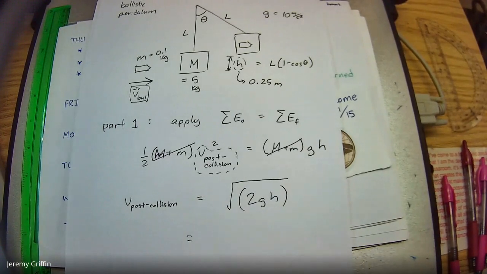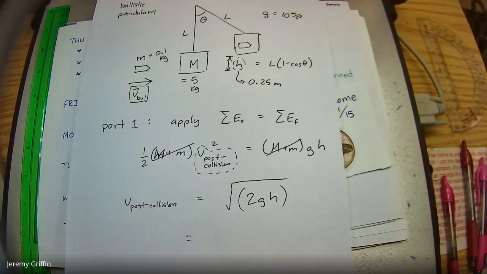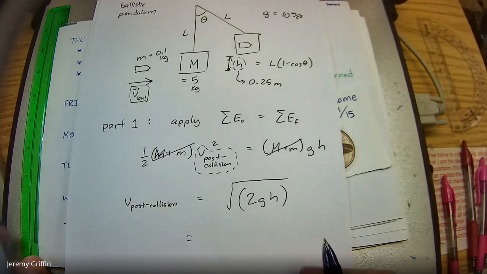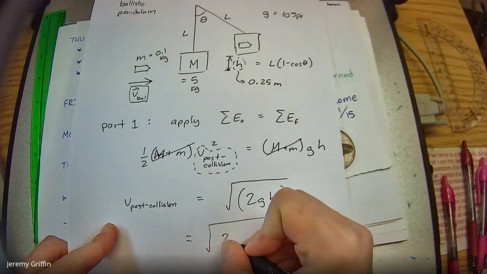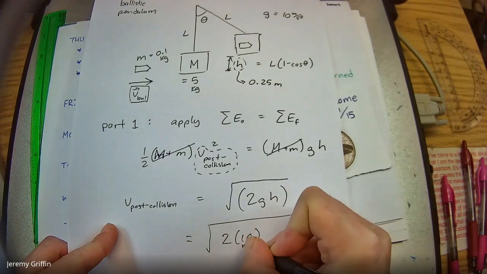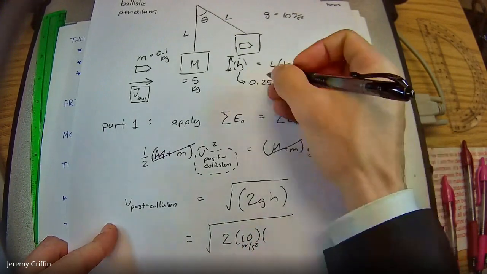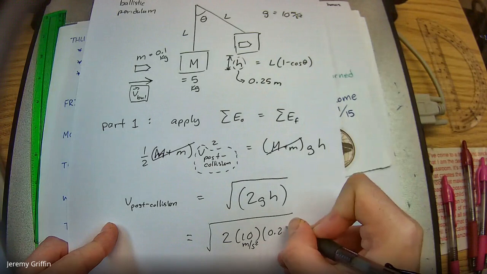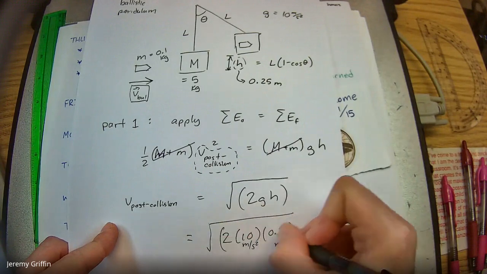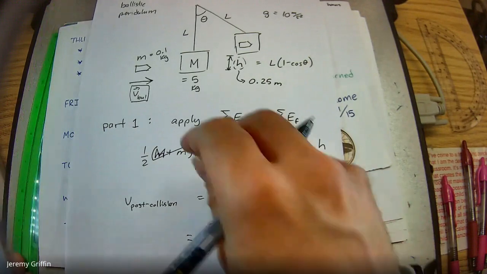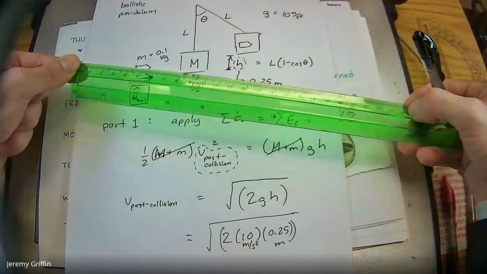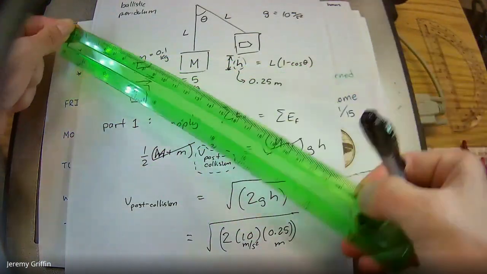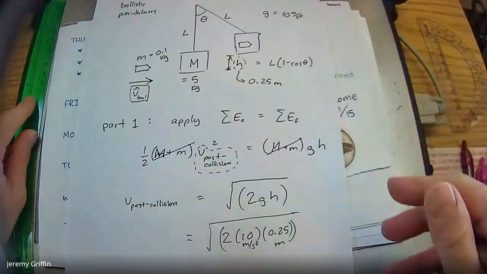All right, now let's plug in those numbers and get an actual speed. Like how fast was the bullet-block swinging to swing up to that point? That'd be the square root of 2 times 10 meters per second squared times the height change of 0.25 meters. You guys know 0.25 meters is 25 centimeters, most of the length of this roller, right?